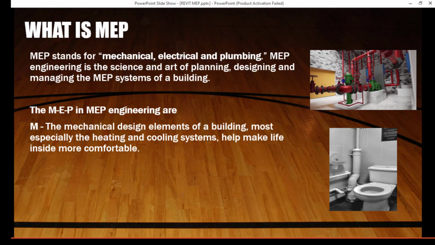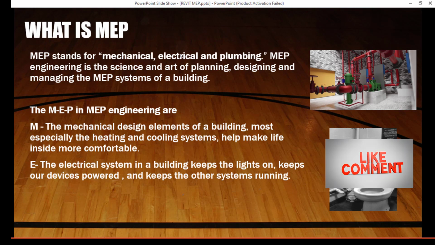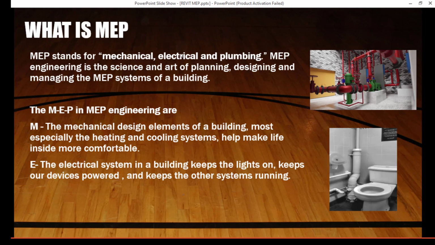In order to make your room comfortable with fresh air, you have to have this heating and cooling system. So let's move on to the E. The E is the electrical system in a building, which keeps the lights on, keeps our devices powered and keeps the other systems running.